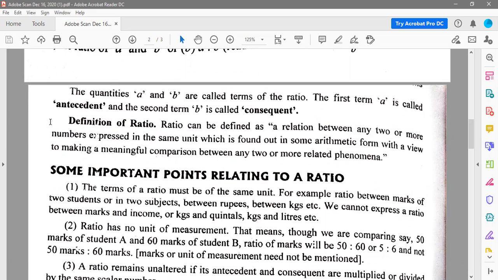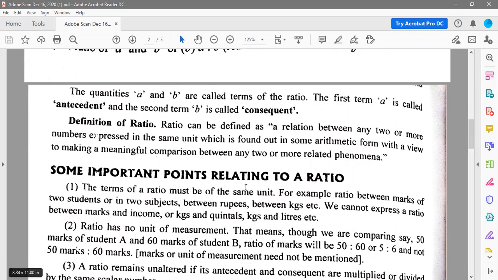Now here they have just told that ratio is the comparison of two units of the same kind but expressed in an arithmetic form. Expressed in the same kind is okay, but we are doing maths, right? So we have to express that in numbers and in the arithmetic form so that we are able to compare them and get some conclusion.